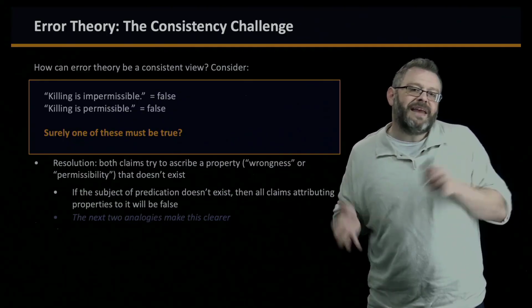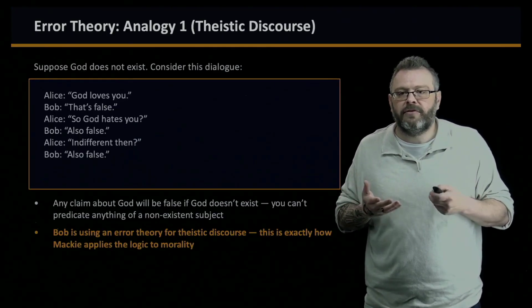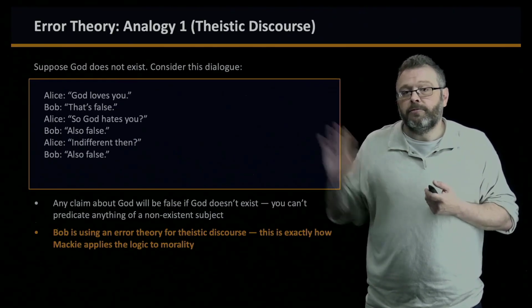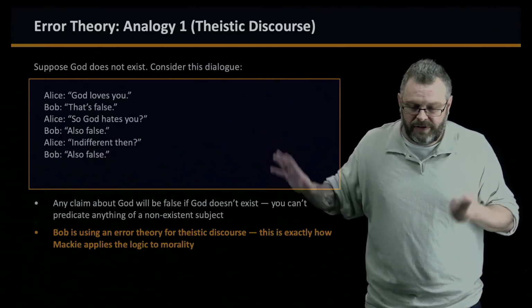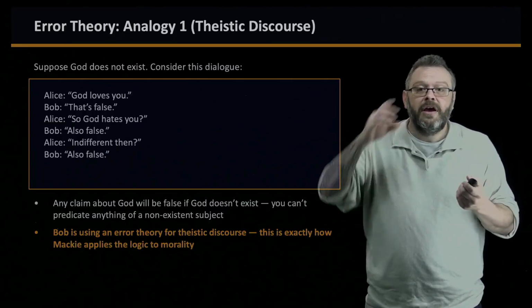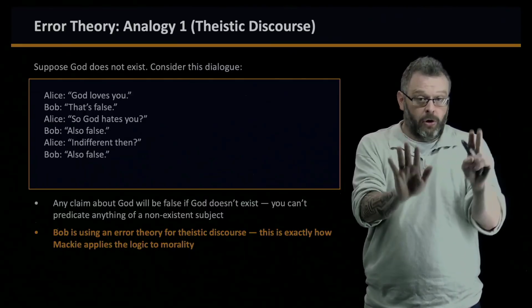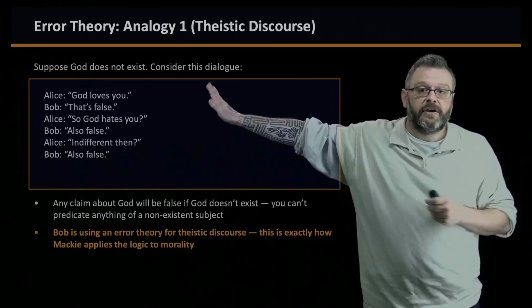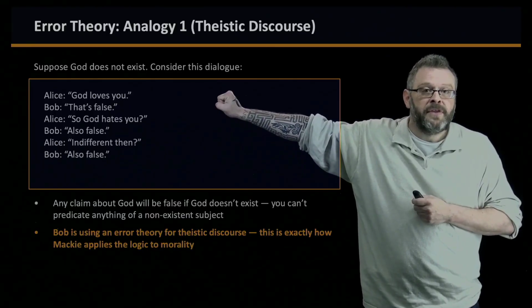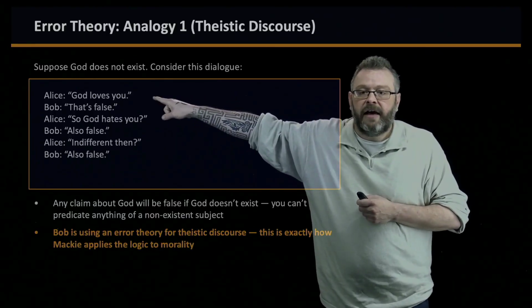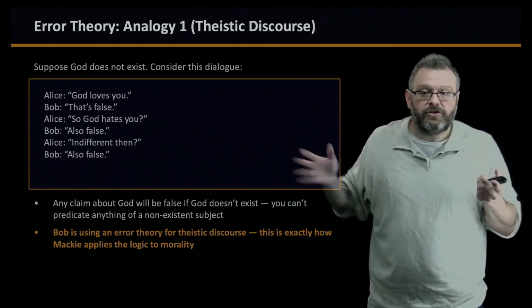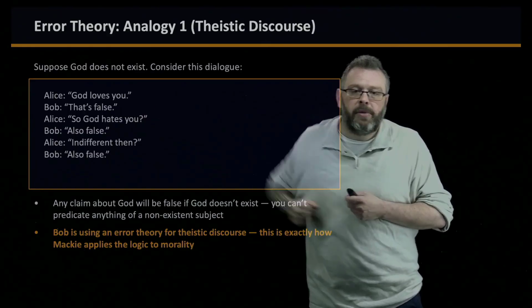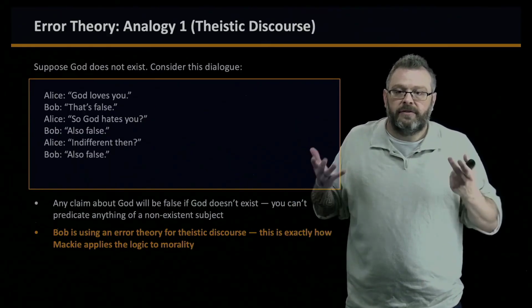Now, I've got some examples here, some analogies to try and drive this point home. This first one is, I think, a little bit easier to understand, but it's a little bit more contentious. Let's suppose, we're just going to pretend for a second that God doesn't exist. And so we've got Alice, who is a theist, somebody who believes in God, but she's mistaken. And we've got Bob, who is just a correct atheist.